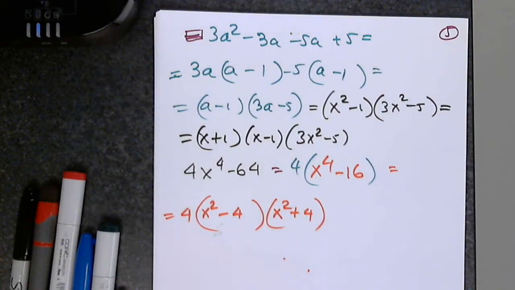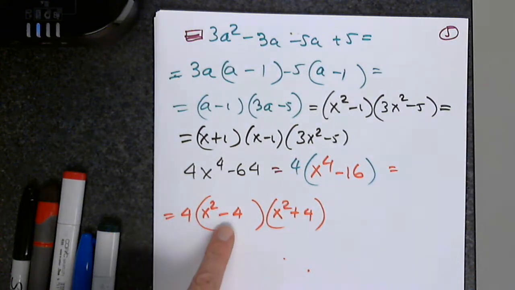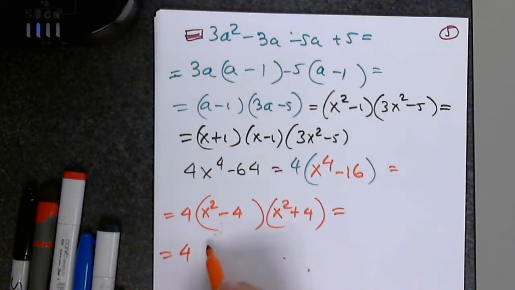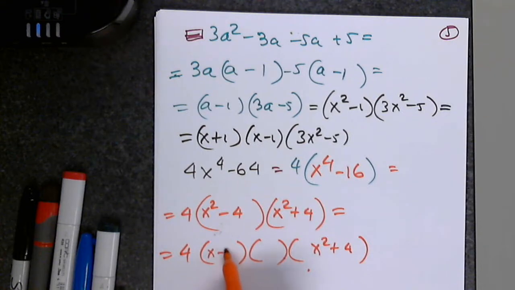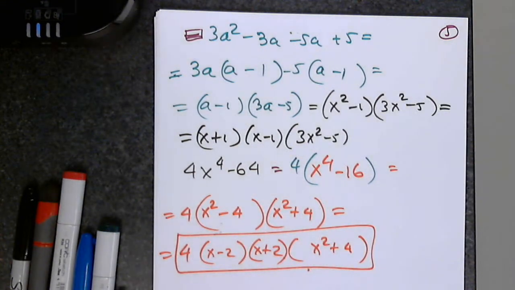Can I factor x squared plus 4? It's the sum of squares, which is not factorable. Can I factor the difference of squares, x squared minus 4? Yes. How? X minus 2 and x plus 2. That's it. And this is the complete factored form.